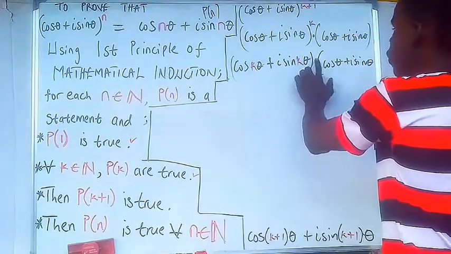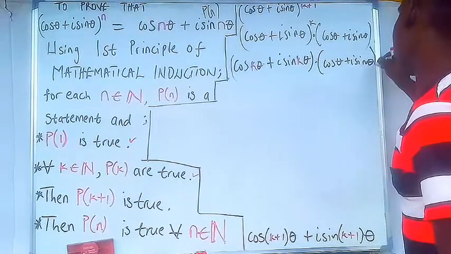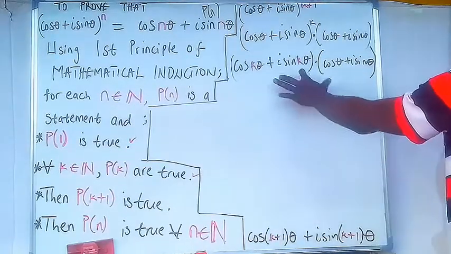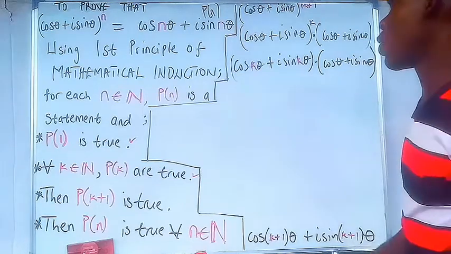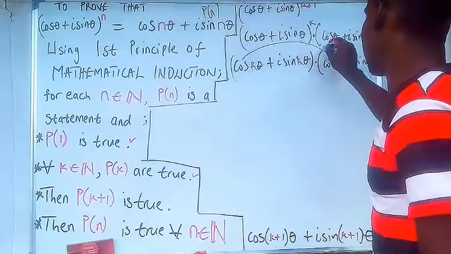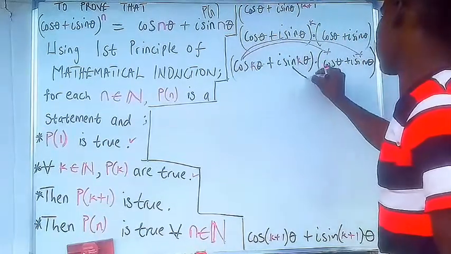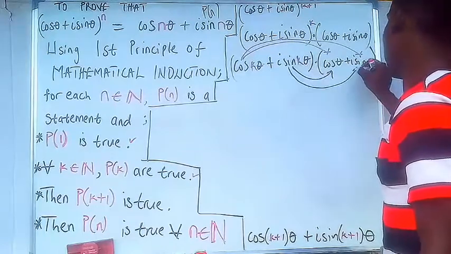Now we're going to multiply these two brackets and group them together. So we have this times this. You know how you're going to multiply. We have this to multiply with this, and at the same time multiply with this. And right now we have this to multiply with this, and at the same time multiply it with that.